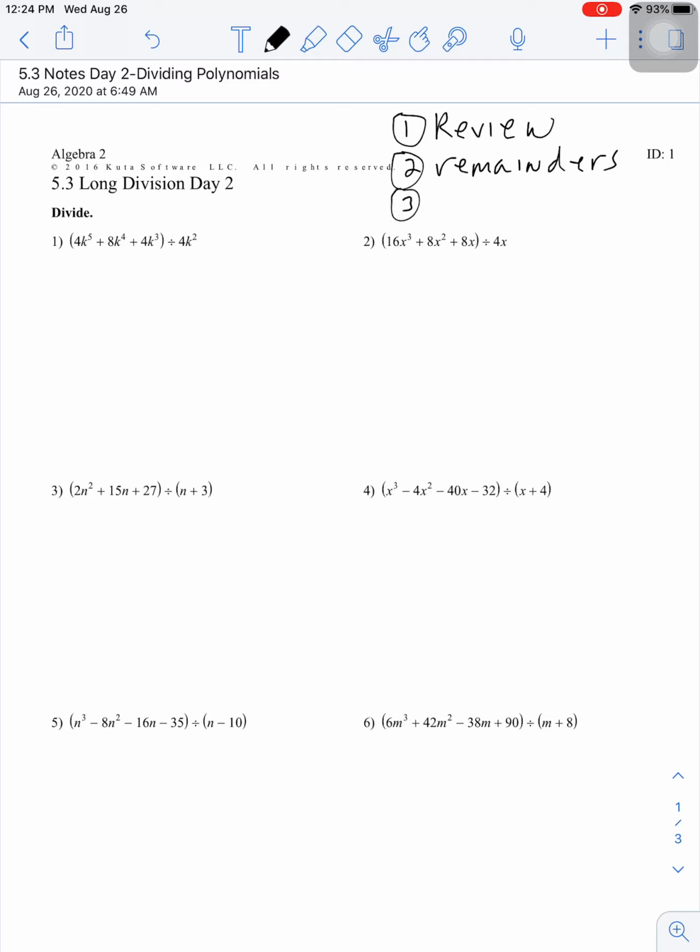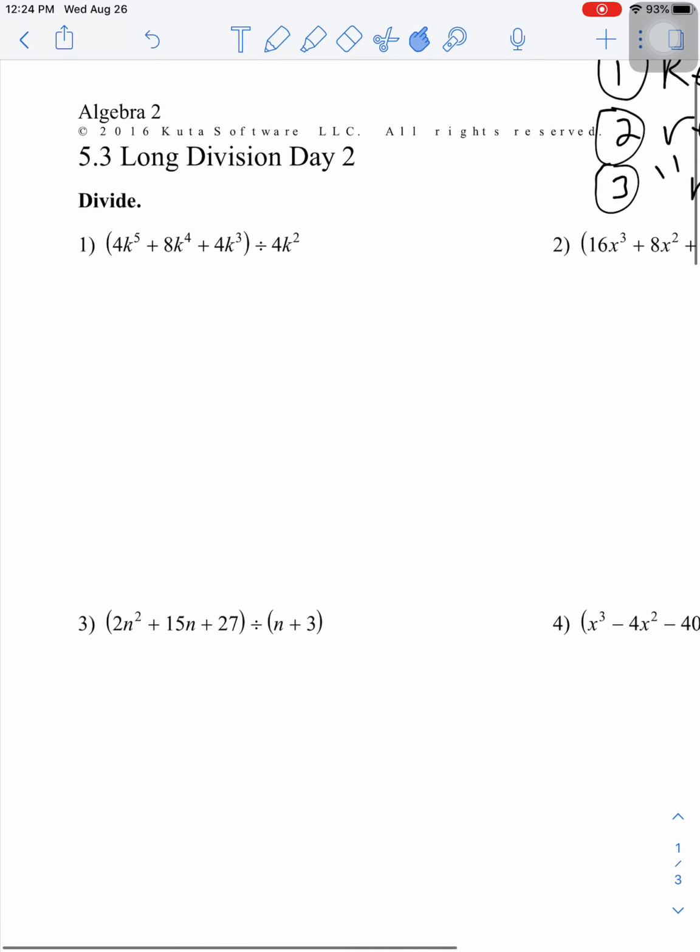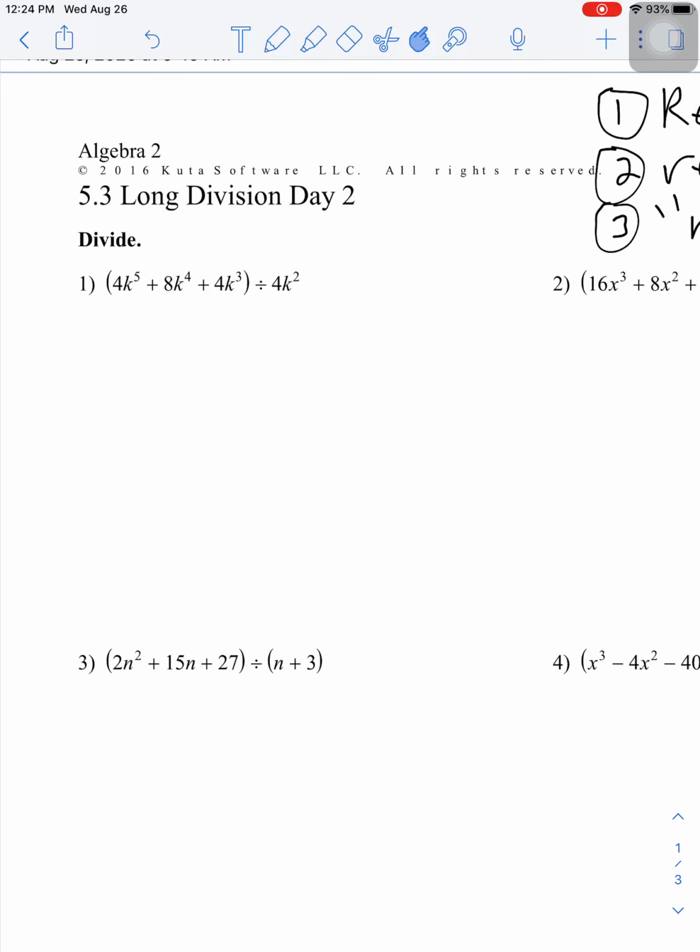And three, what happens when you have missing terms. So if you didn't exactly understand day 1, we are going to go ahead and review a little bit and then build a little bit as well. All right, so number 1 would be a review problem.